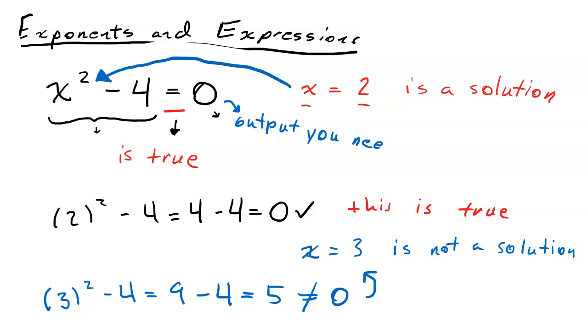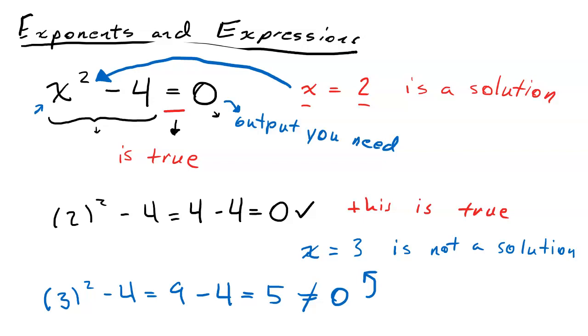And this could be on the right side, it could be on the left side, it doesn't matter. Wherever you see the variable, plug it into here, and then use the other side as the output. And if that output matches what you get from the side with the variable, then it's true, and whatever input you gave is a solution.